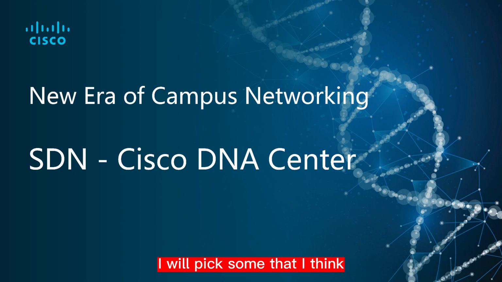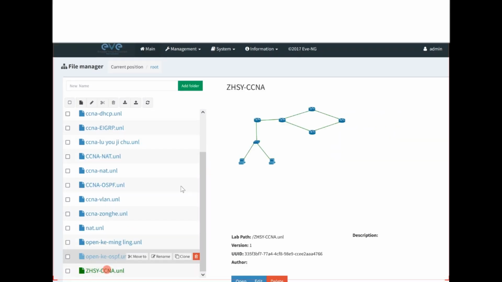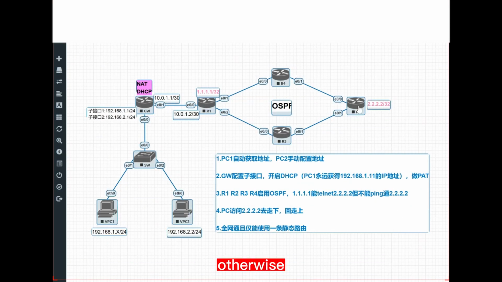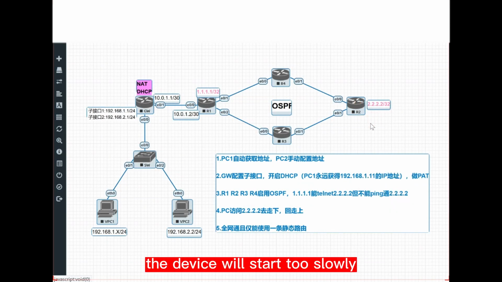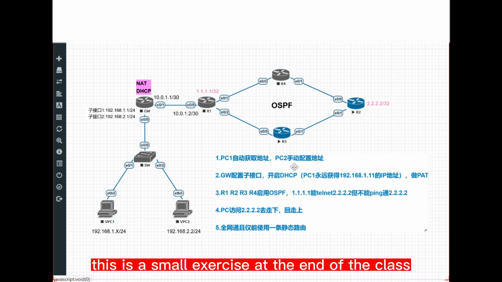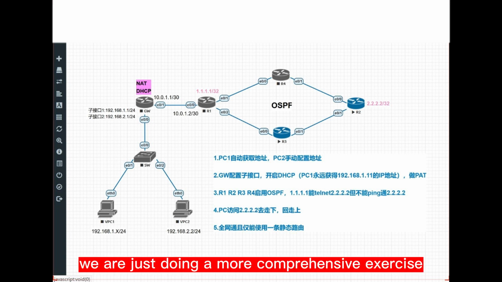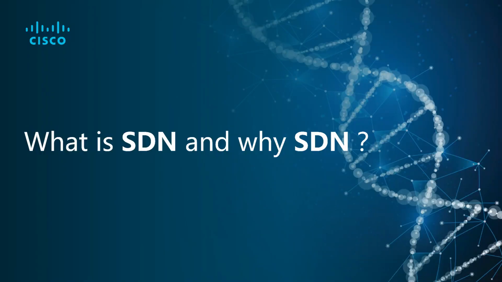I will pick some that I think everyone can accept at this stage. Before I talk, I will open the experimental environment, otherwise the devices will start too slowly. This is a small exercise at the end of the class. It's not that difficult. We are just doing a more comprehensive exercise.